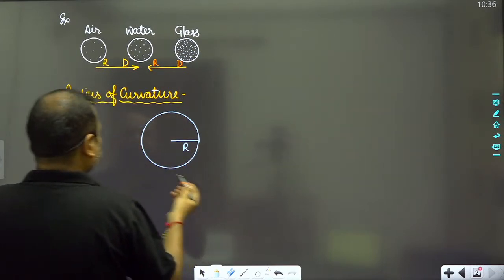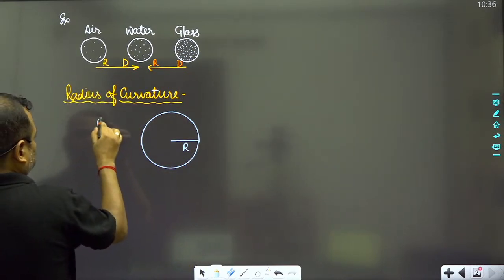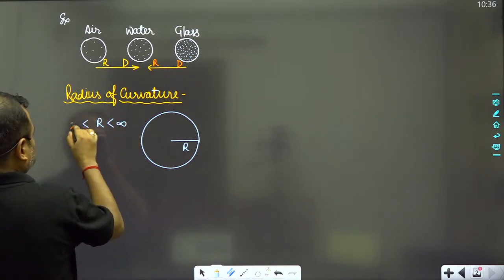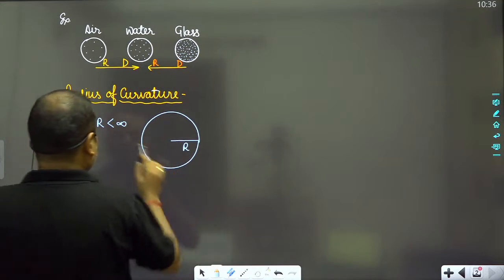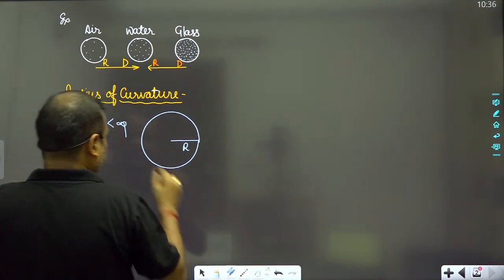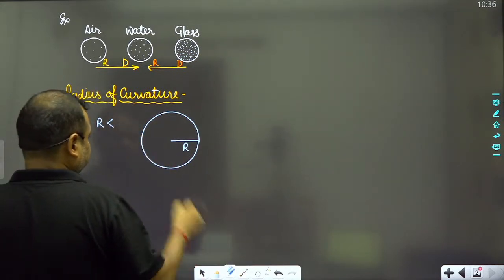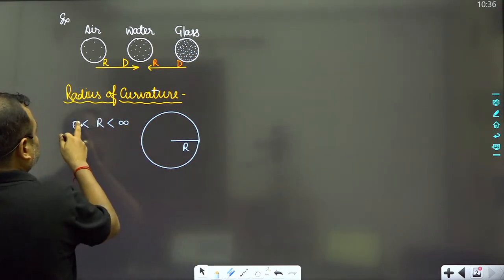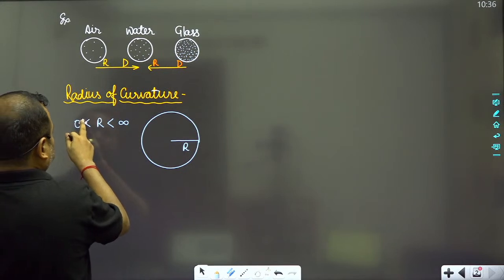Instead, the radius is less than infinity and greater than 0. It means the radius is of finite length.